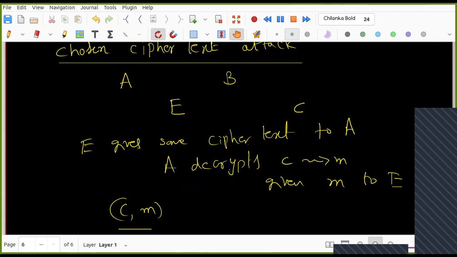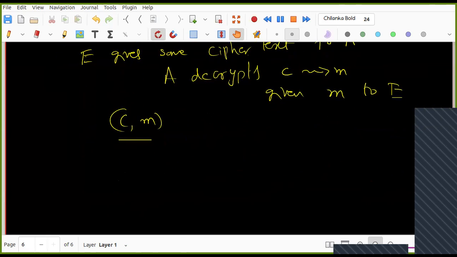Then it is called a very good system. Otherwise, it is attacked by a chosen ciphertext attack. Is it okay or not okay? Tell me, then I can explain further. So, Amia, is it okay?